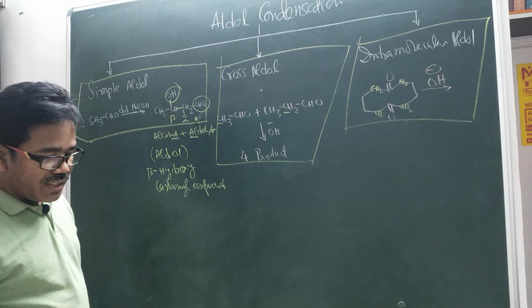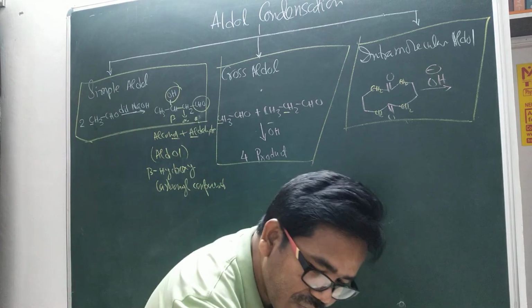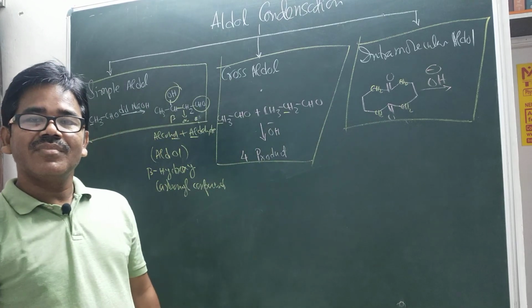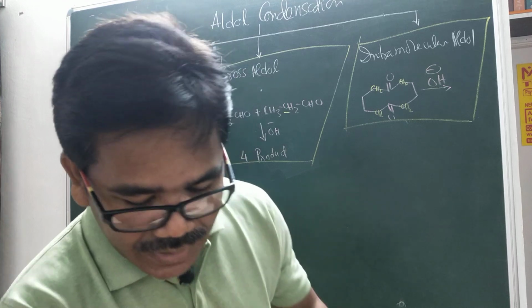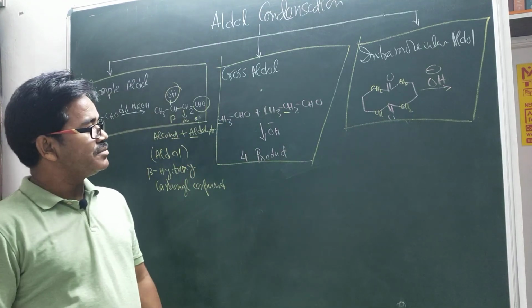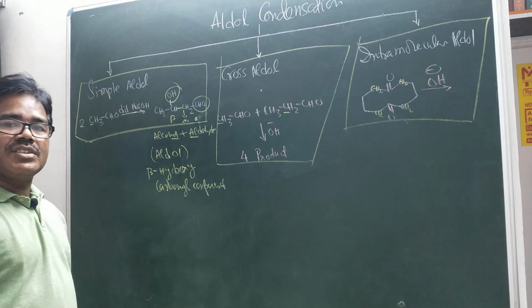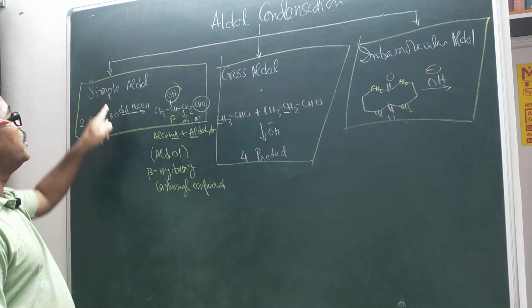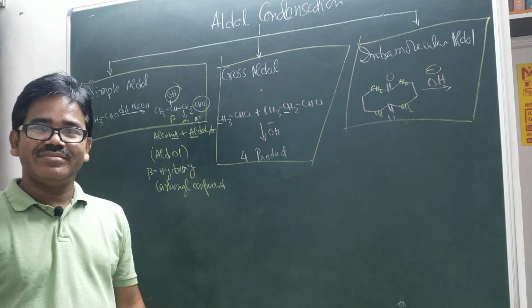Aldol condensation is given by carbonyl compounds containing alpha hydrogen. Reaction takes place in basic medium. Even this reaction can take place in acidic medium also, that we will discuss. This aldol condensation, like the Cannizzaro reaction, is of 3 types: simple, cross and intramolecular.